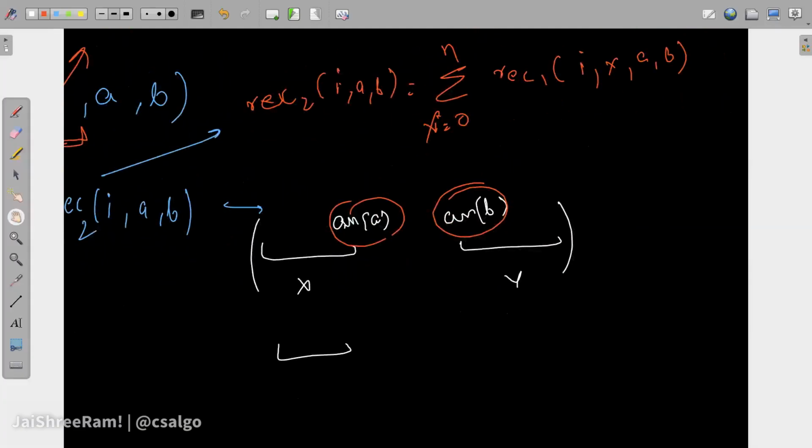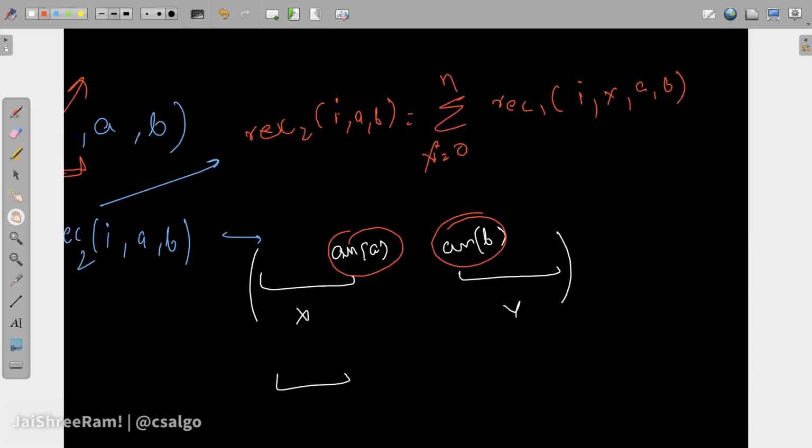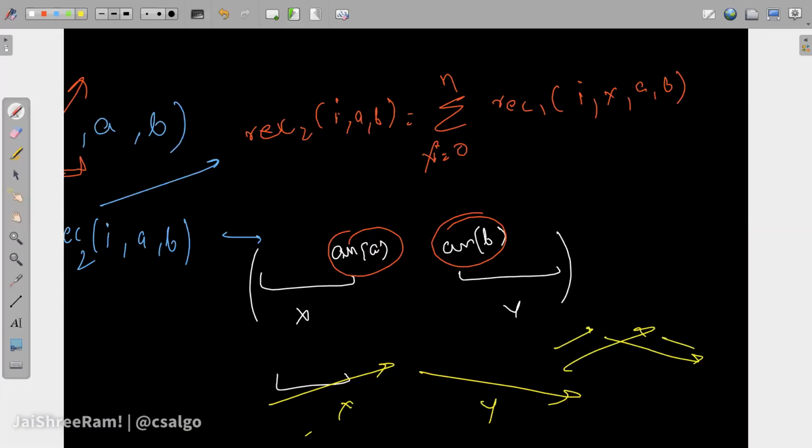That I can check using these values. And anyway, I have to take the summation across all the ways in which the first increasing sequence is some X and then it's Y. It's just 1 and then over here 2 and then over here 3 and then decreases, right? So I have to sum over all X's anyway. So why not define the recurrence in such a way that I don't even need X and Y in the recurrence?